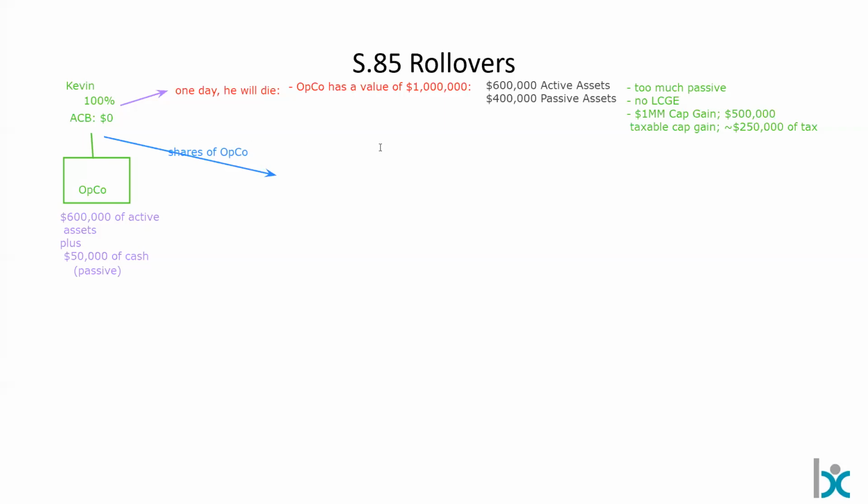I'm going to take the shares of OpCo, and I'm going to use Section 85 of the Income Tax Act to roll these into a new corporation, which we'll call New Holdco. New Holdco will now own all of Kevin's shares of OpCo. And in exchange for that, Kevin is going to take back shares of New Holdco.